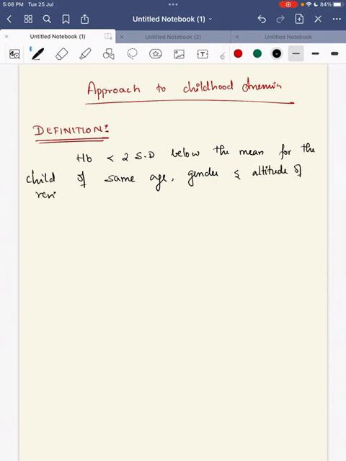So this is the definition of anemia when the HB is less than 2 standard deviation.